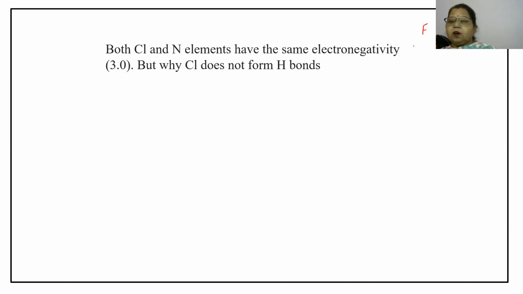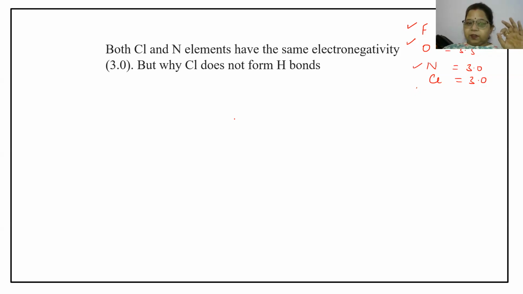Then oxygen was 3.5, and nitrogen and chlorine both have electronegativity 3. The question is, in the list of atoms forming hydrogen bond, I have given you only fluorine, oxygen, and nitrogen. Why does chlorine not form hydrogen bonds?